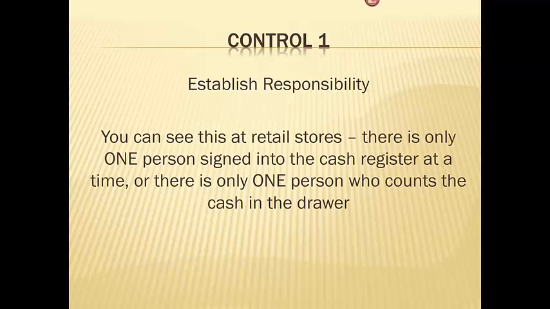When accountants want to trace back to find out, okay, during this 3-hour period, so-and-so was on the cash register and we were off by $10, it can help to pinpoint where something could be going wrong, or specifically what a person might be doing wrong in handling the money. Also, if you really pay attention at a retail establishment, there is only one person who counts the cash in the drawer. Only one.